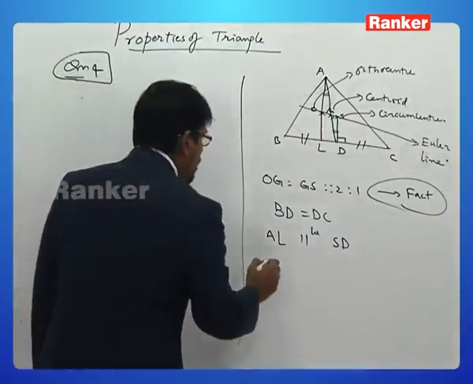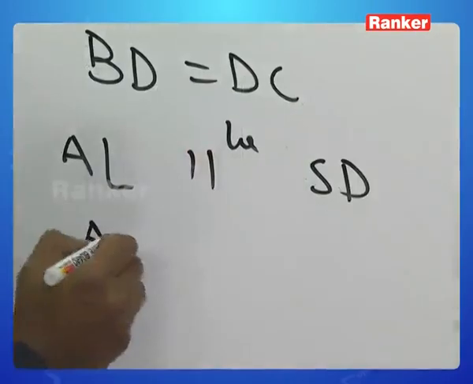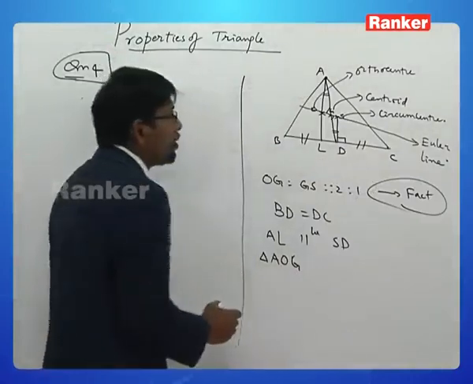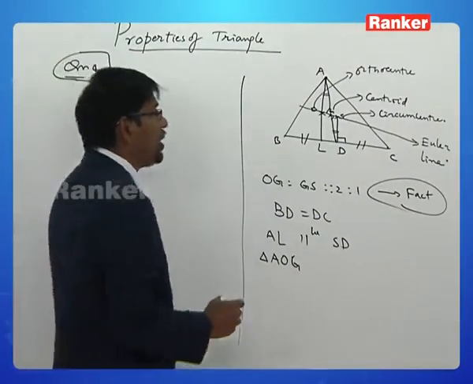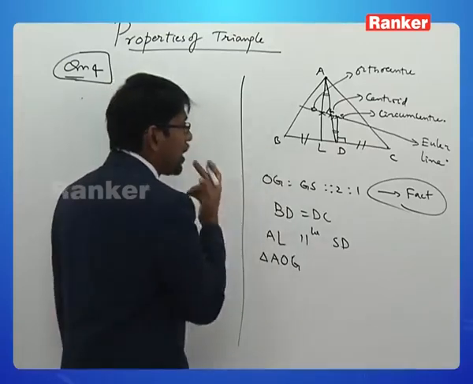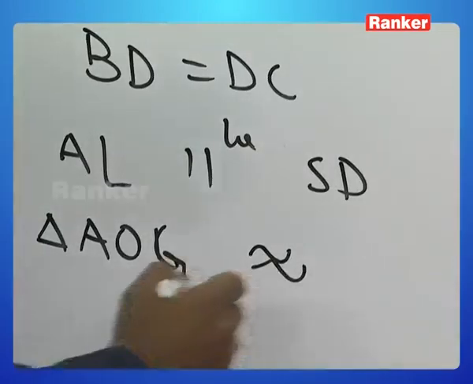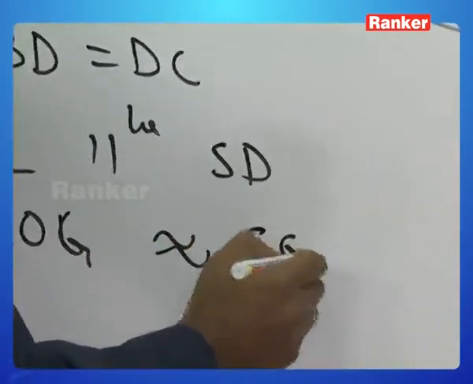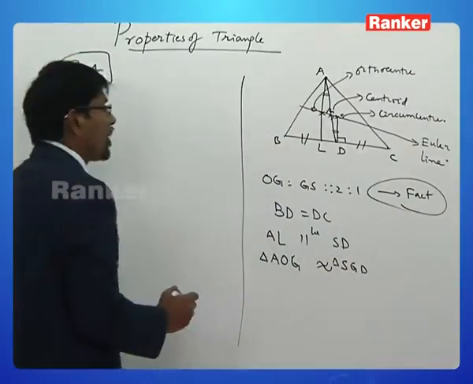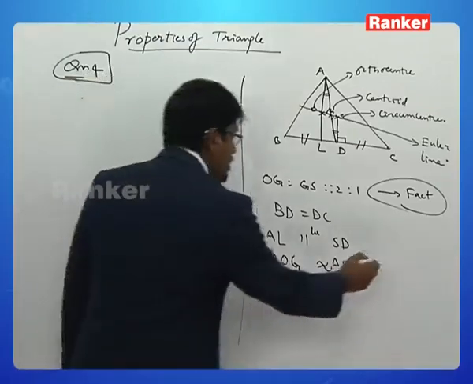So in the triangle AOG, two of the angles are the same as the corresponding angles of the triangle SGD, and they are similar triangles.